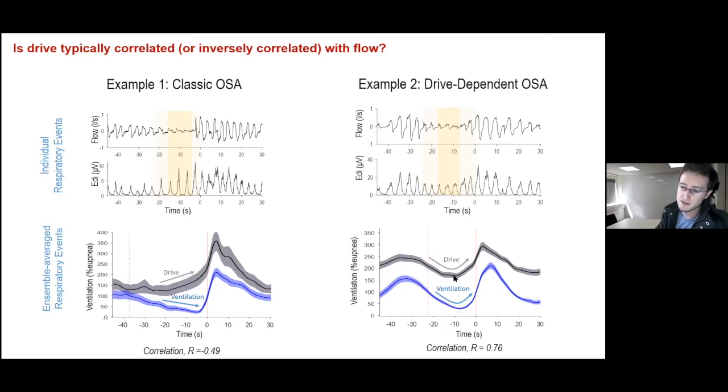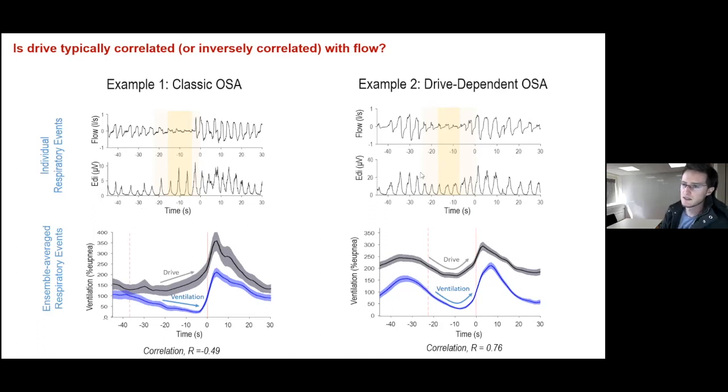So resistance is roughly 5 times higher, or if you like, the total respiratory system neuromechanical impedance is 5 times higher in the middle of that event than it was in wakefulness. So it's gone from 2-fold to 5-fold. So it's a little between doubled and tripled, the compromise, if you like. And that seems to happen in the drive dependent and the classic.